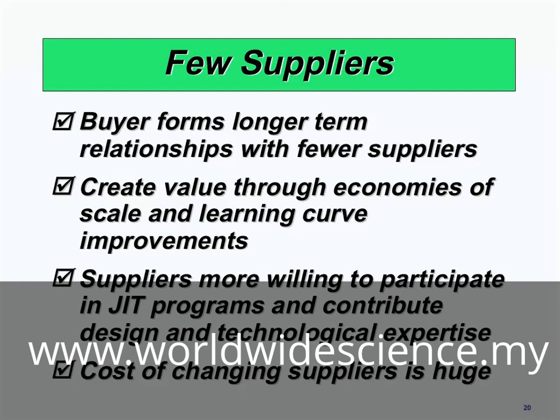And the last one is the cost of changing supplier is huge. When you make a long contract with suppliers, you should consider that if you want to switch to another supplier, you incur large cost.